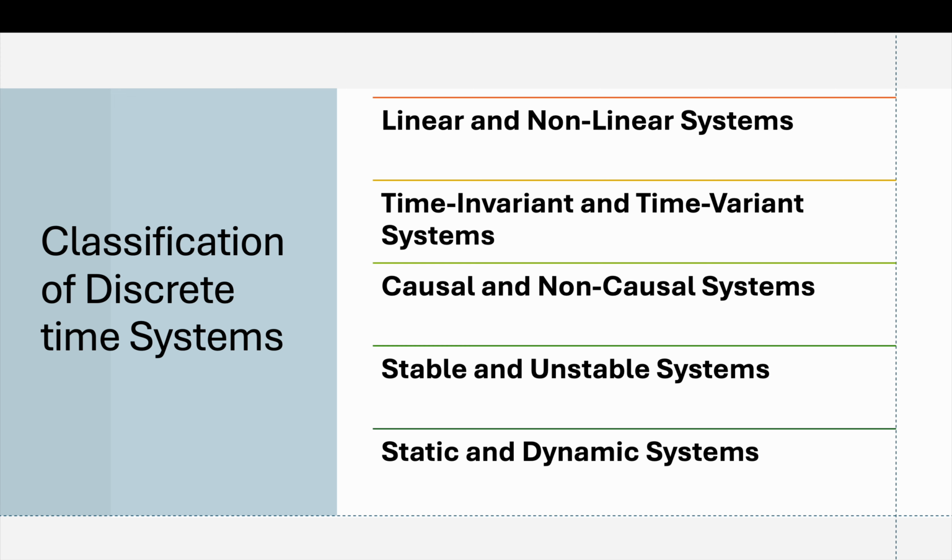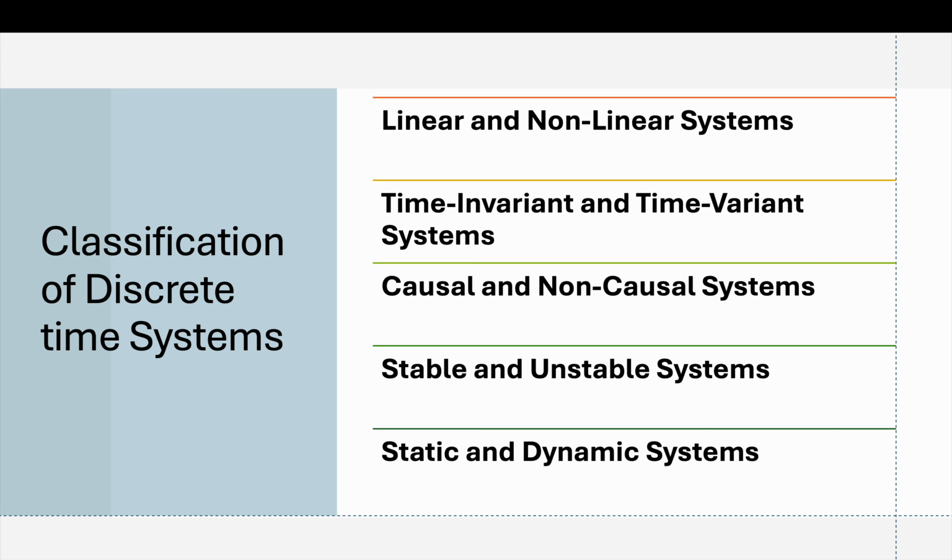Similarly, we have another classification, stable and unstable systems. What is a stable system and what is an unstable system? A stable system has to follow the BIBO property. It means bounded input and bounded output. When we give a finite value of input to the system, the output also has to be a finite value.